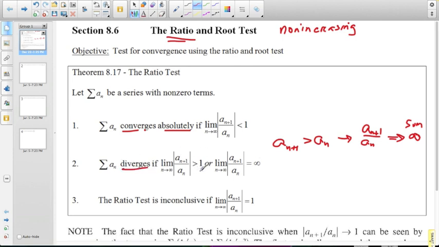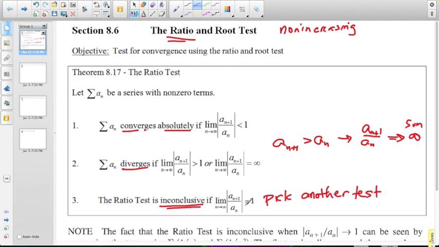Then we have a divergent series. And then if the ratio equals 1 specifically, then we have that inconclusive aspect coming through again. And all that means is that we need to pick another test. And I think I've said that many times now throughout the course of this unit, that sometimes we just get inconclusive results.